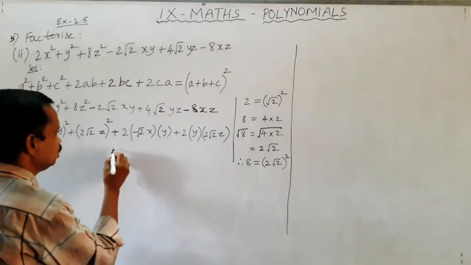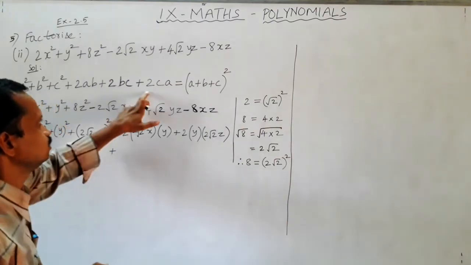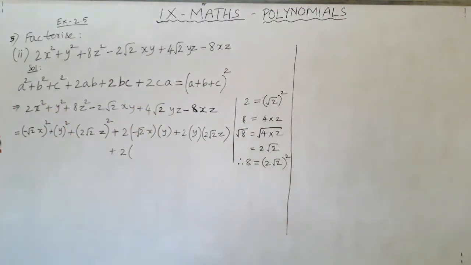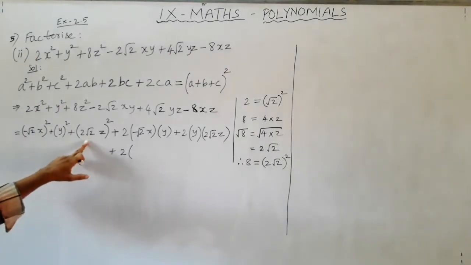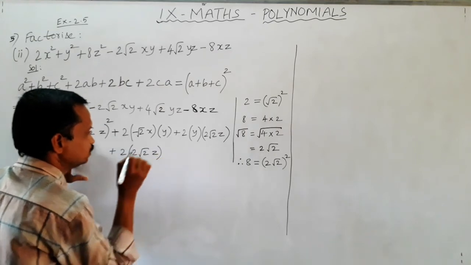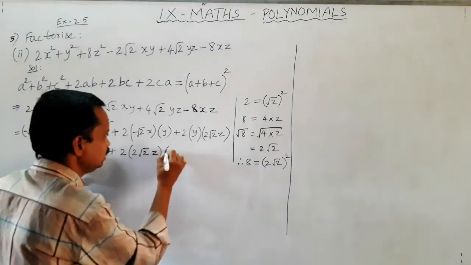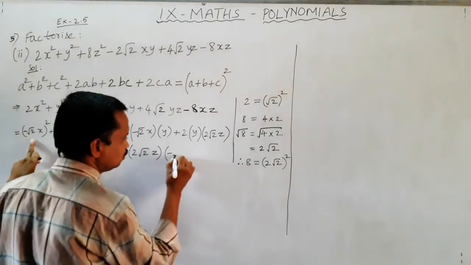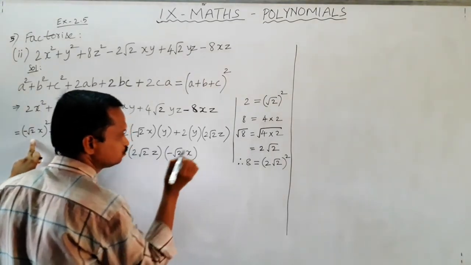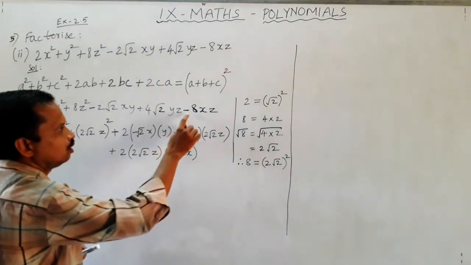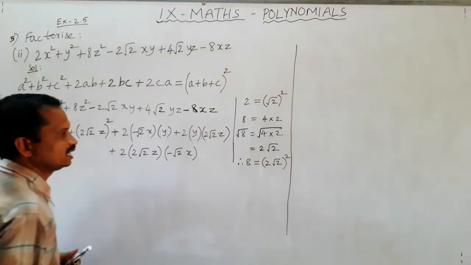And then again you put plus like this, plus 2ca. 2 into, what is c? This is c. 2 root 2 z. And then a. What is a? You see here, minus root 2 x. Minus root 2 x. I mean, just to review, you are getting minus 8 xz.